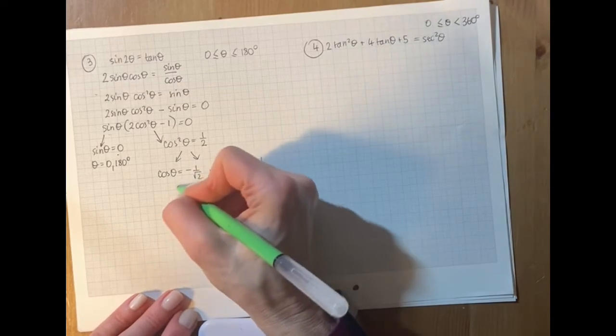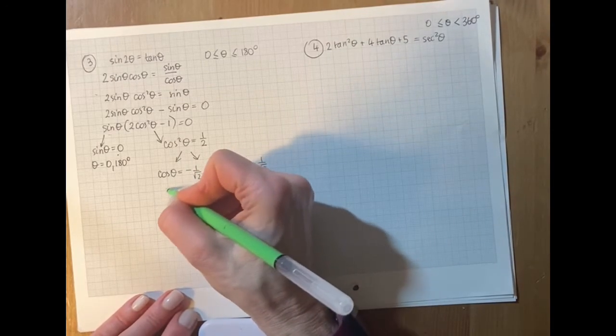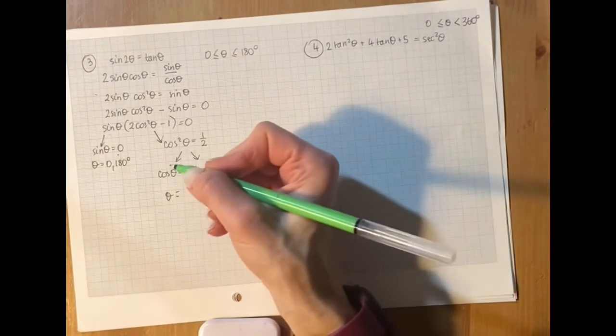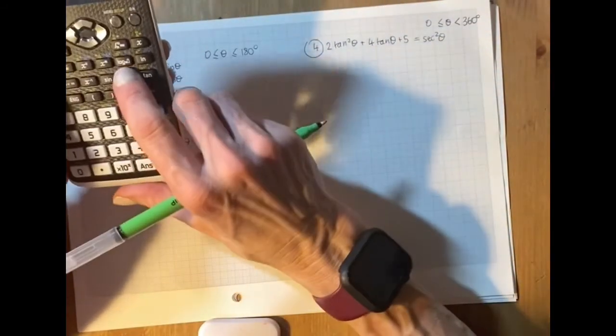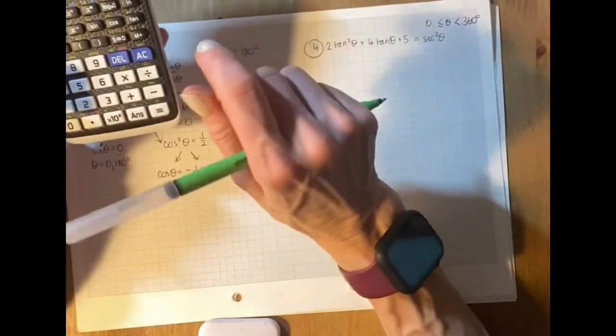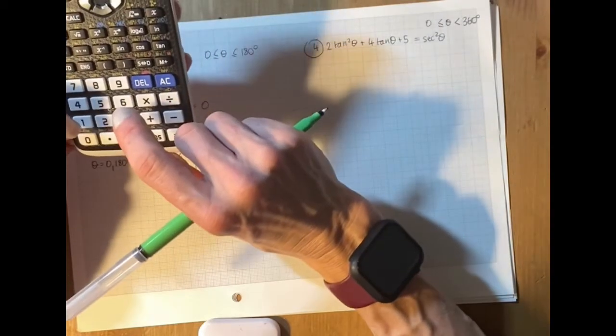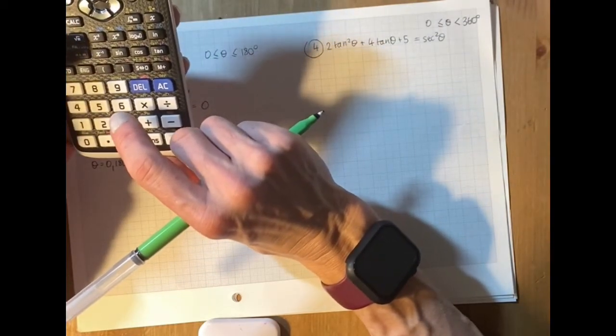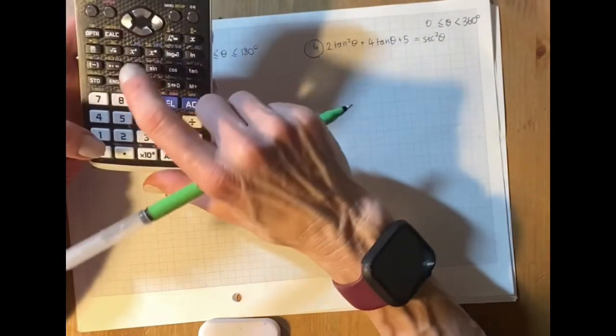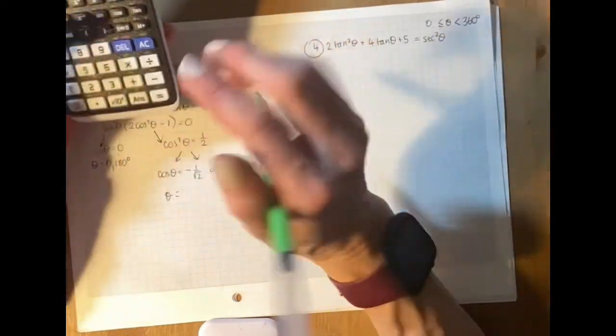So if you do cos inverse of minus 1 over root 2, let's have a look. What are you going to get? It should be a nice angle. It should be 135. Let's just double check. Minus 1 over root 2, 135.